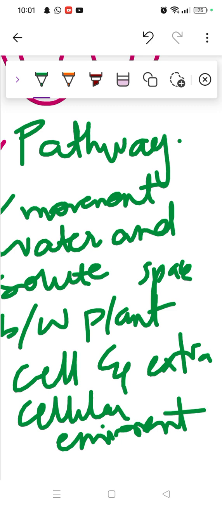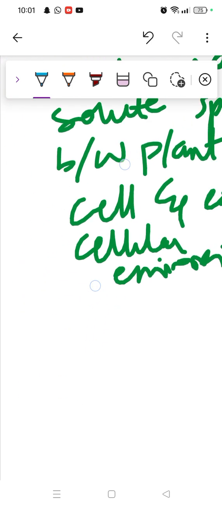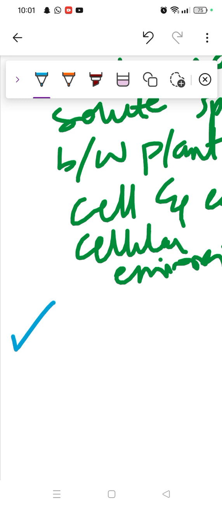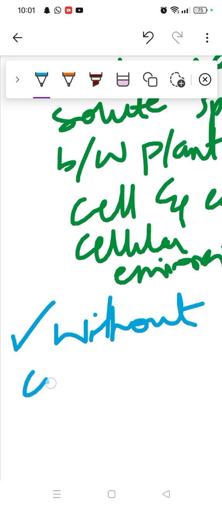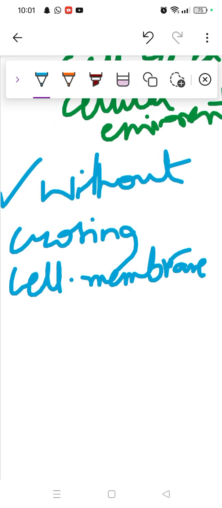The main point is that they do all these things without crossing their cell membrane. And what else you'll see is that the movement is done through the cell wall and spaces. So this is the first point.